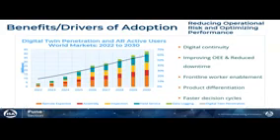When we talk about the benefits and drivers of adoption, this representation is a graph from a research organization, wherein the black line is the digital twin penetration.